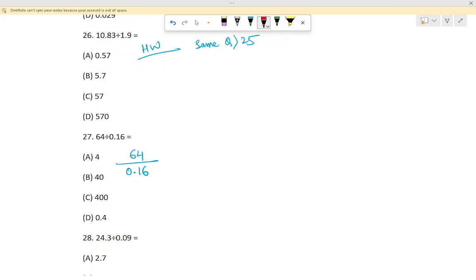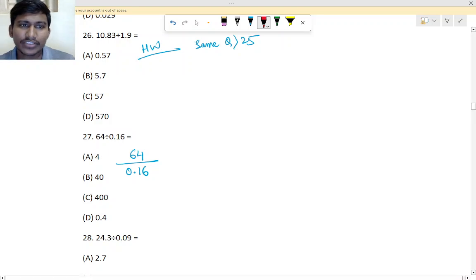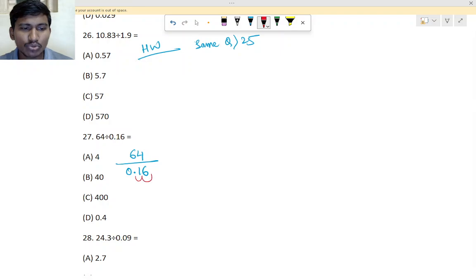Here how to do it is, there is a point in the denominator. We have to shift the point in the denominator first, right? So let us shift the point in the denominator one time, two times, but there is no point in the numerator. So what we have to give?